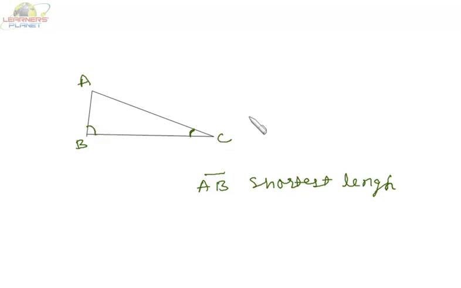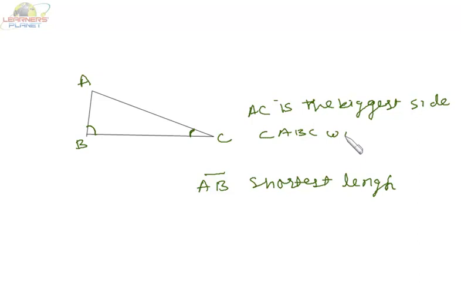Okay, AC is the biggest side, so angle ABC will be biggest. Clear? So the side opposite to smaller angle will be smaller and the side opposite to bigger angle will be bigger. Okay.